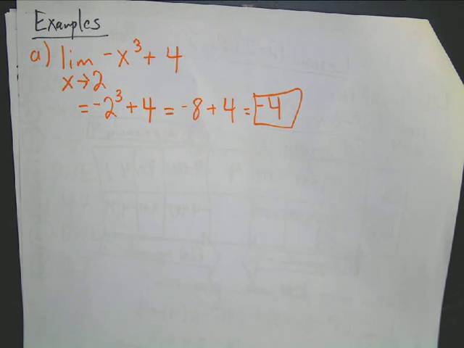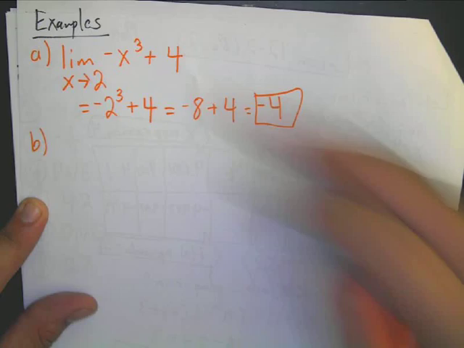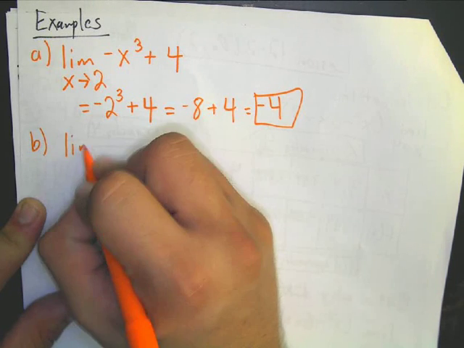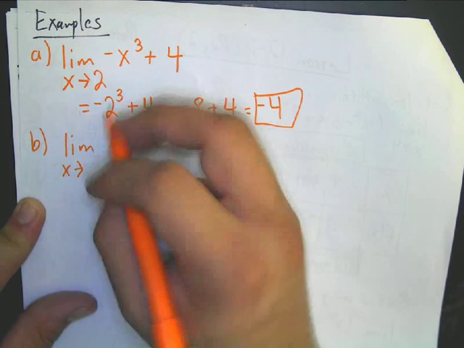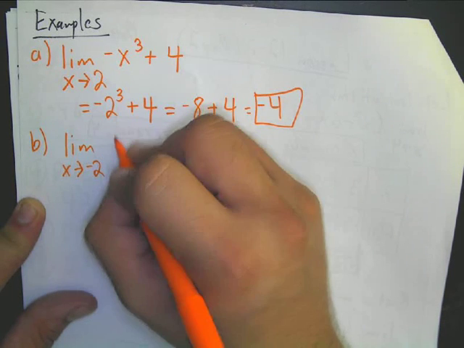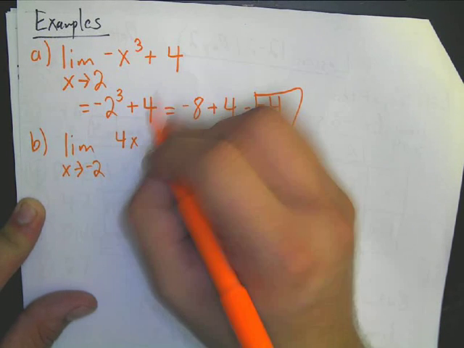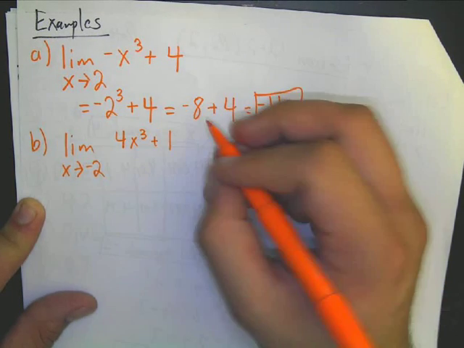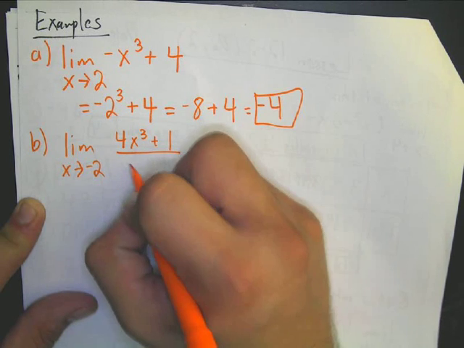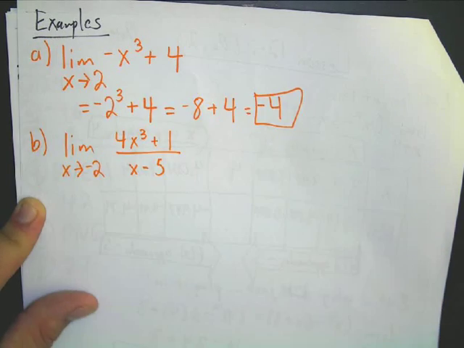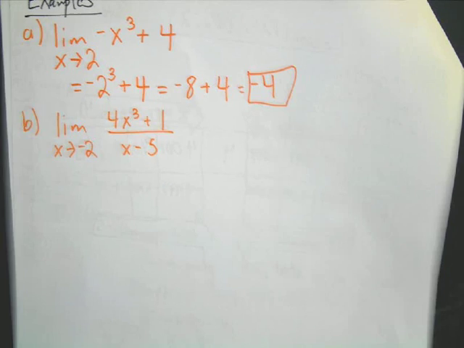Let's do a few more just so you can get the idea, and also see a few different ways this might look. This time let's take the limit as x approaches negative 2 of 4x cubed plus 1 over x minus 5. Let's see what happens there.